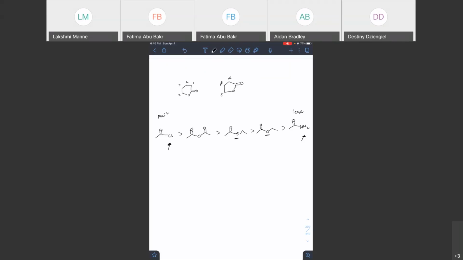So I think that makes it much more reactive, because when something attacks here, it can break off that sulfur more quickly. So that's just a breakdown. First look at what's right next to the oxygen. Is it a halogen or the opposite of a halogen, and then go from there.